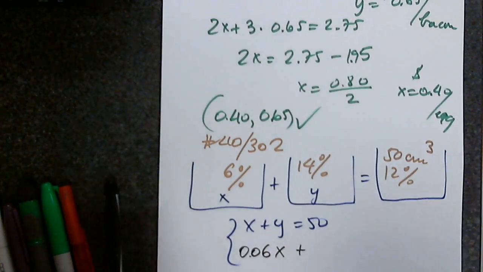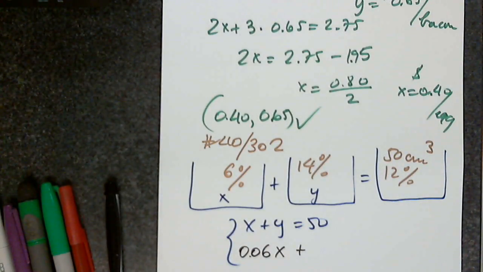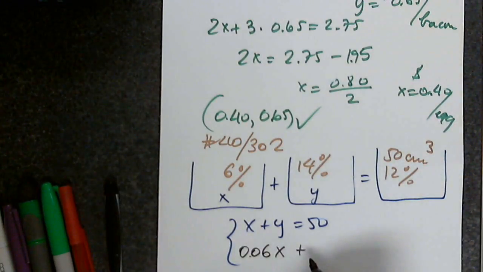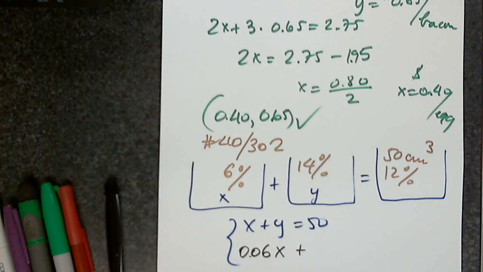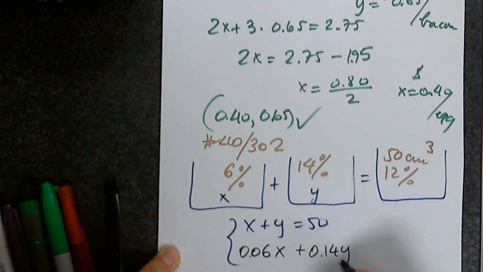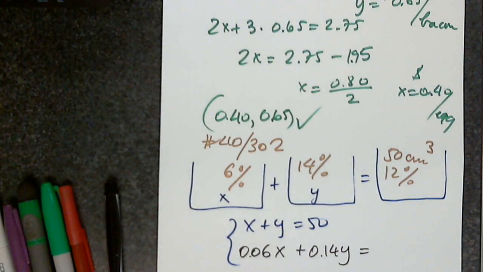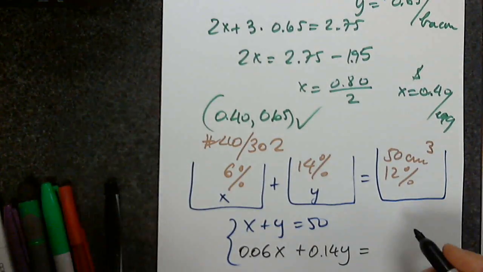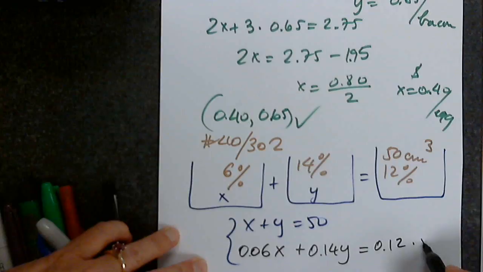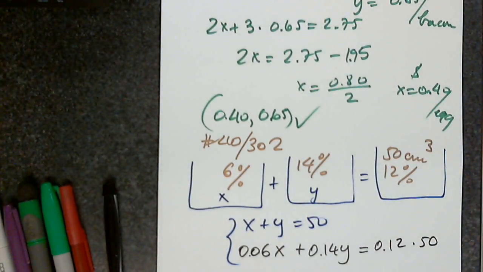What is 0.06x? It is the number of cubic centimeters of pure acid plus. Now I want the number of cubic centimeters of pure acid coming from the second container. 0.14y equals the number of cubic centimeters of pure acid in the container that is the resulting solution. Yes, you mean 0.12 multiplied by 50. Yes, I agree. But I have to write it like that first. Okay, very good. So let's solve the system.